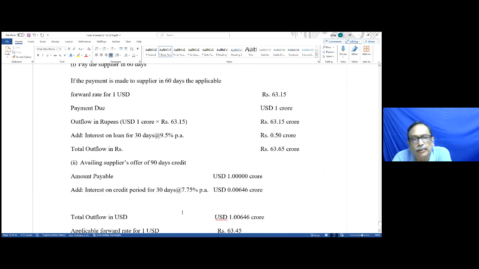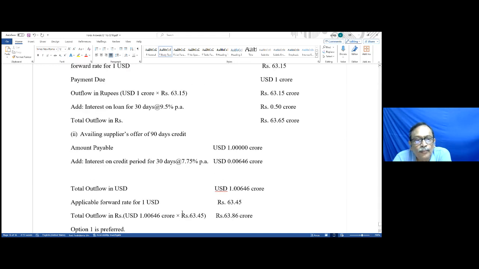Payment due USD 1 crore, outflow in rupees, USD 1 crore into 63.15, that is 63.15 crores. Add interest on loan at the rate of 9.5% per annum, which comes to rupees 0.50 crores. So the total outflow will be 63.65 crores.